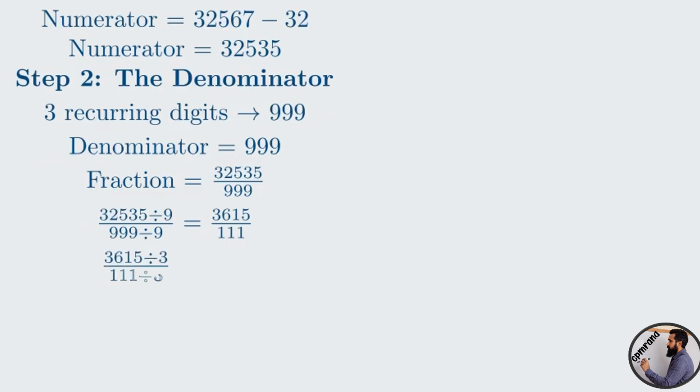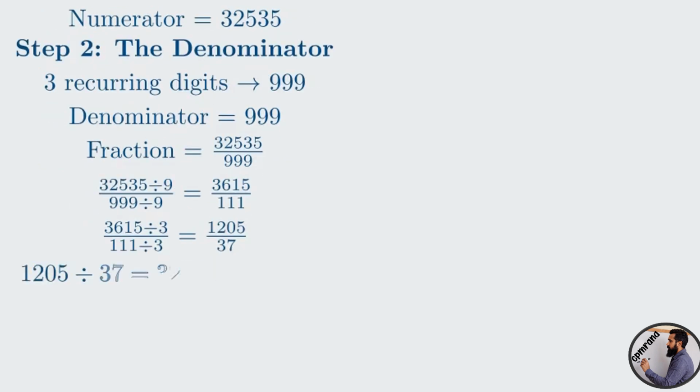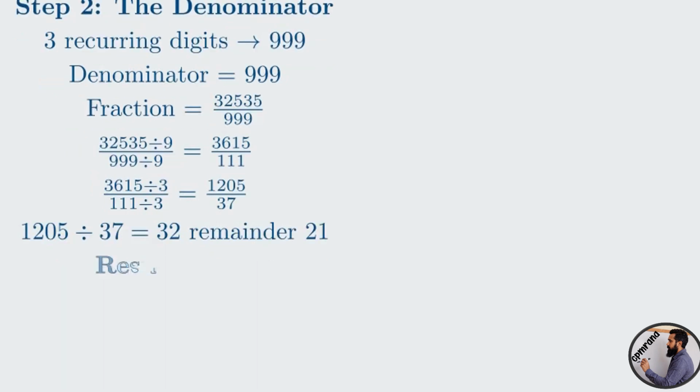They are further divisible by 3. Finally, we convert this improper fraction into a mixed number. 37 goes into 1,205 32 times, with a remainder of 21. So, the final fraction is 32 and 21 over 37. You've now mastered 2 ways to convert these decimals.